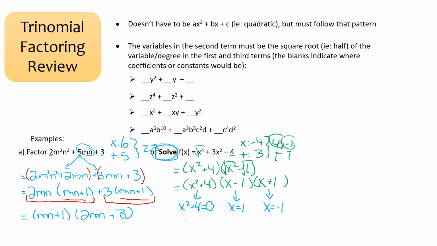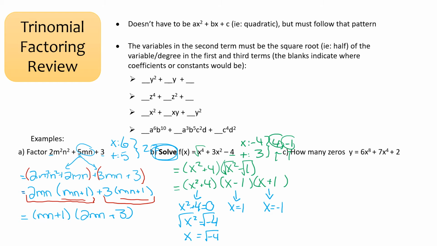Bring the 4 over. I have x squared equals -4. So that means I take the square root of both sides, and I'm left with x equals the square root of -4. So that's not giving us any real roots. So the solution that we have is x equals 1 and x equals -1.